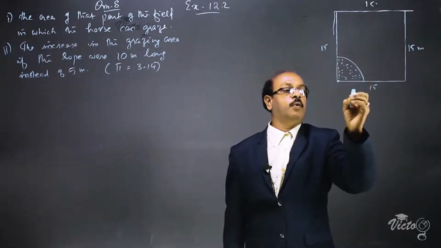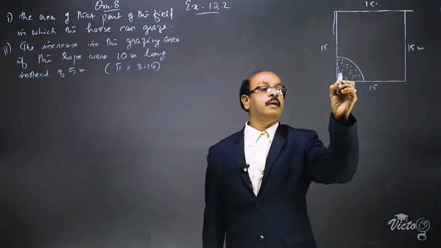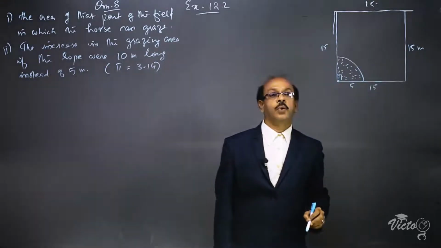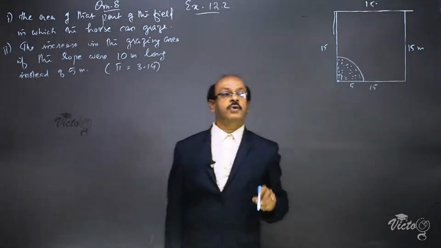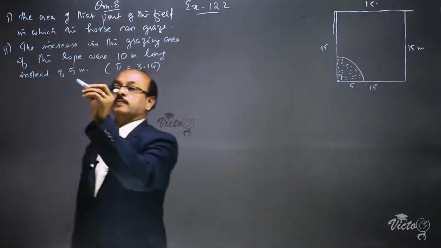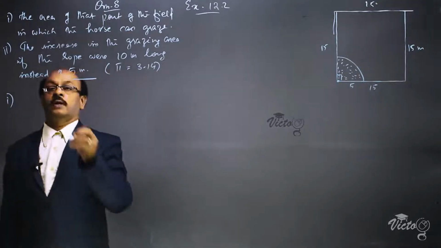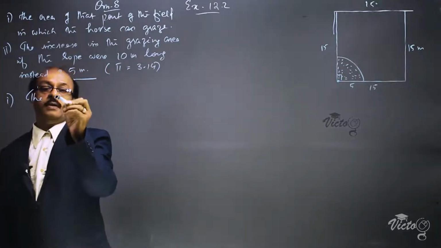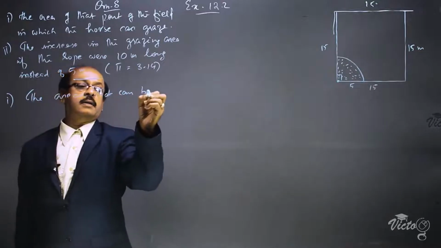The length of the rope is 5 meters and the angle here is 90 degree. So the grazing area in the first part we can find out using the formula of the area of a sector. We are finding the area that can be grazed.